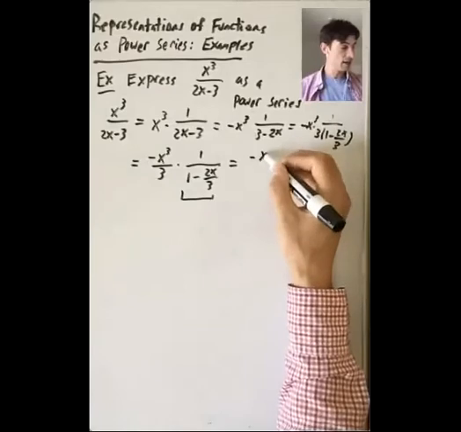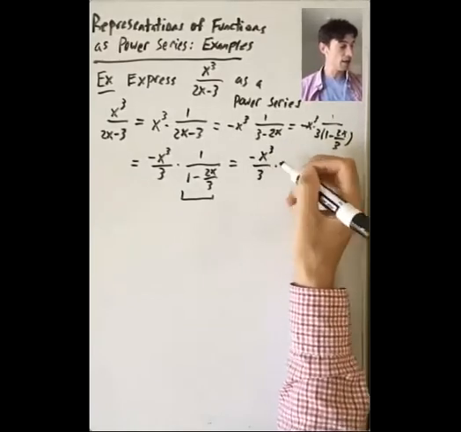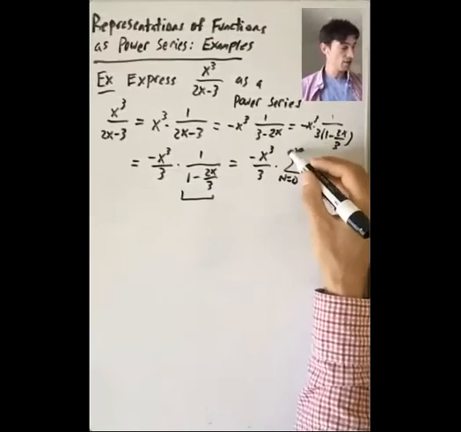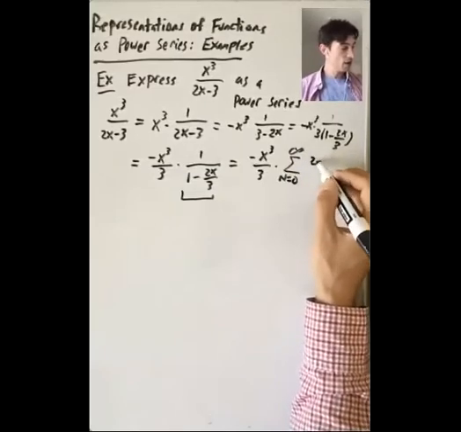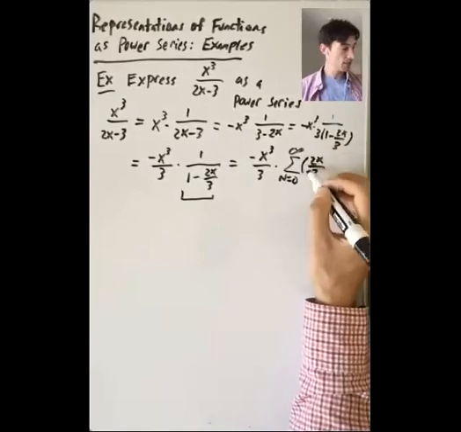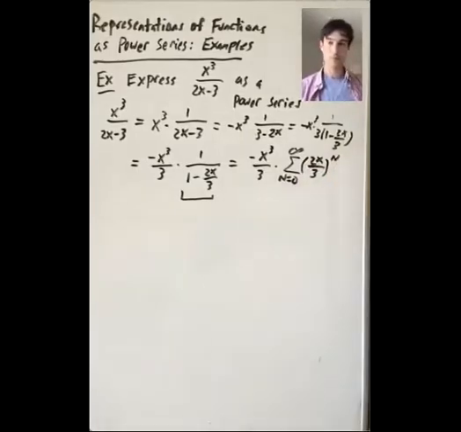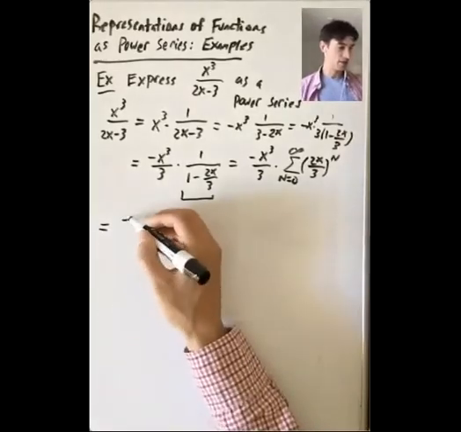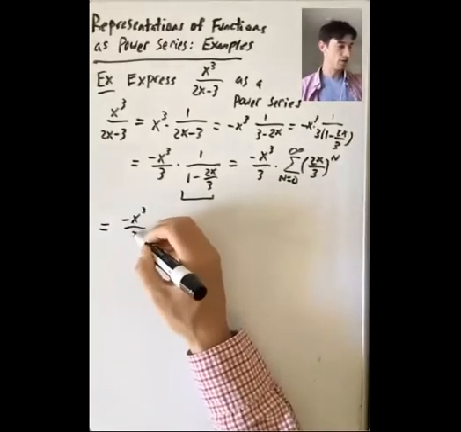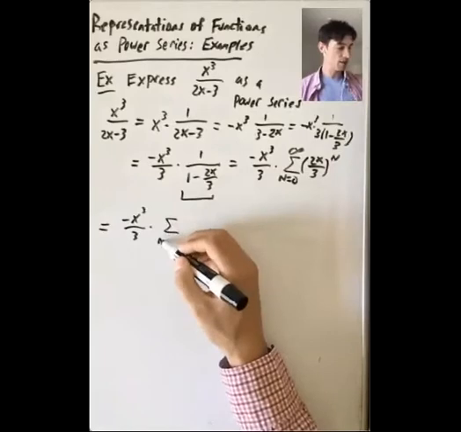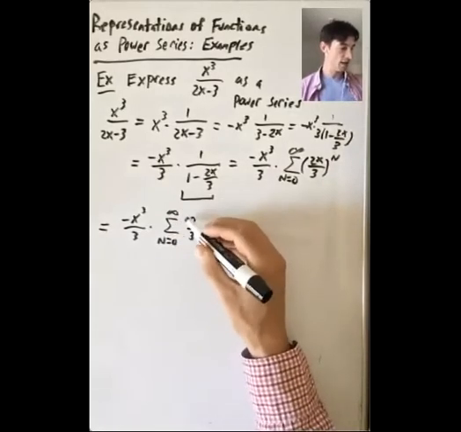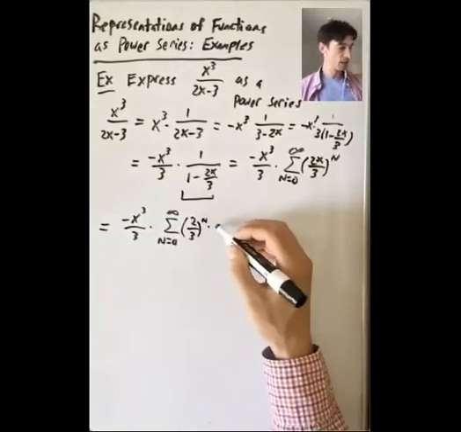So what we get is minus x cubed over 3 times a sum from n equals 0 to infinity of (2x over 3) to the n. We can rewrite that a little more nicely. We still have minus x cubed over 3 times a sum from n equals 0 to infinity of (2 over 3) to the n times x to the n.